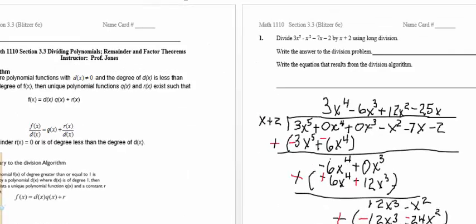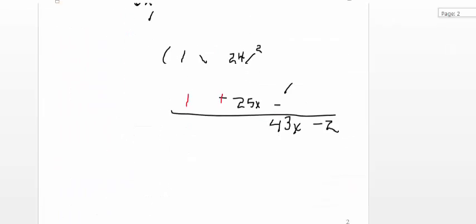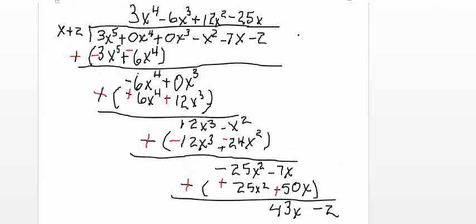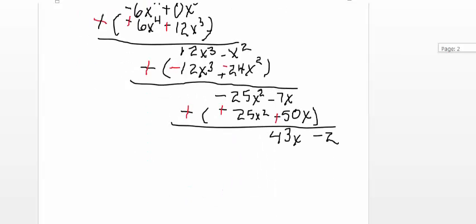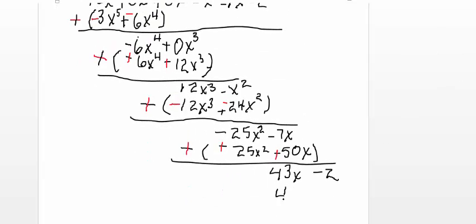So we still can continue the process because the degree of my remainder is still not smaller than the degree of my divisor. So when I divide x into 43x, I get 43. 43 times x is 43x. 43 times 2 is 86.